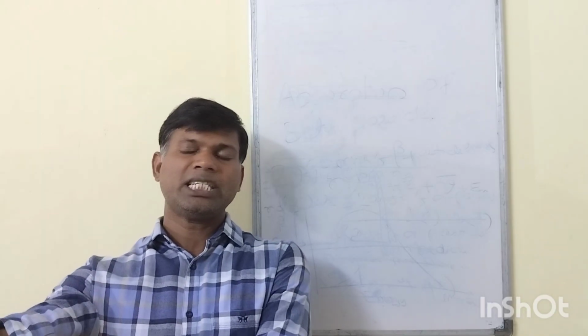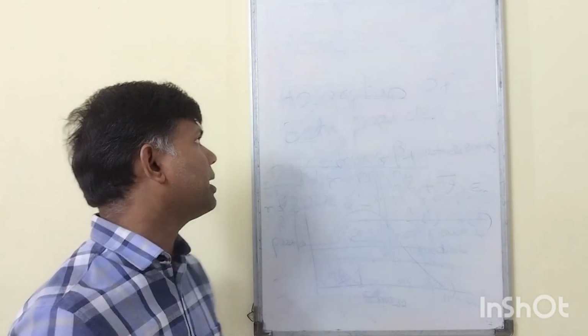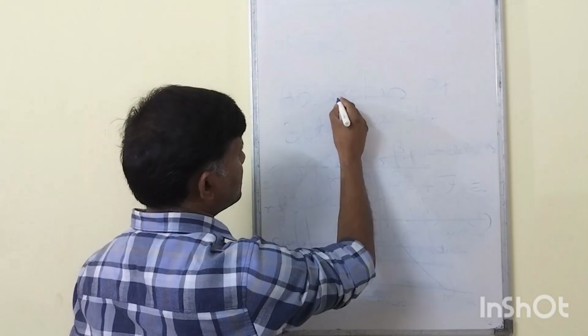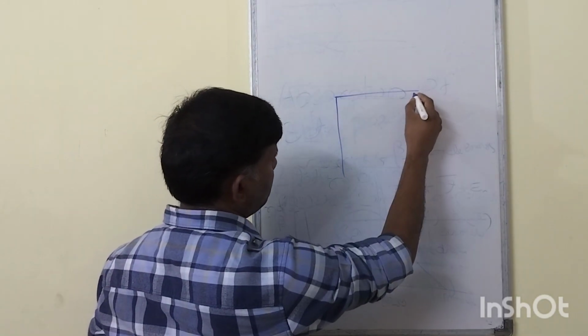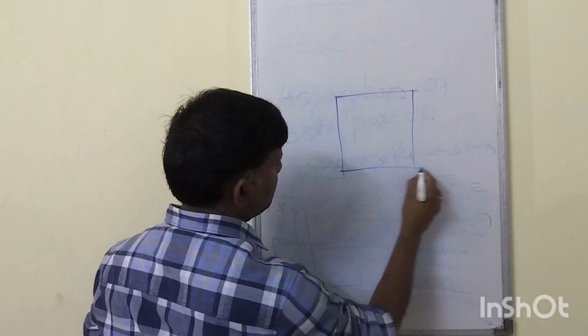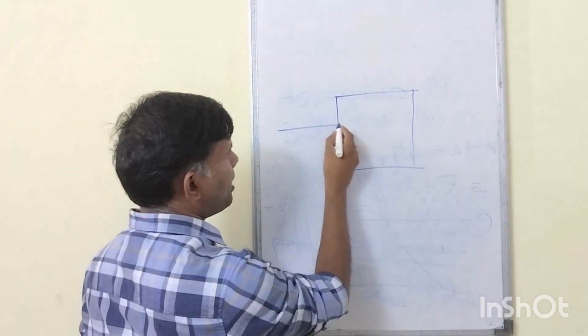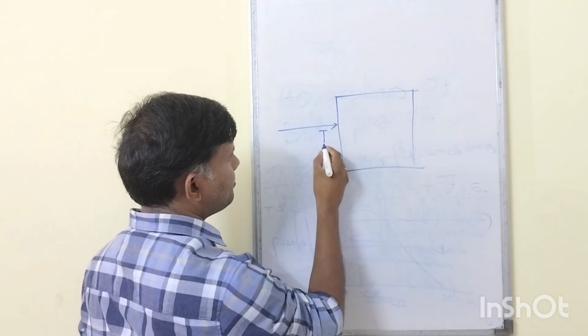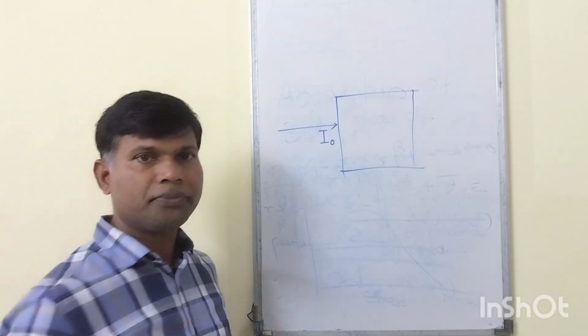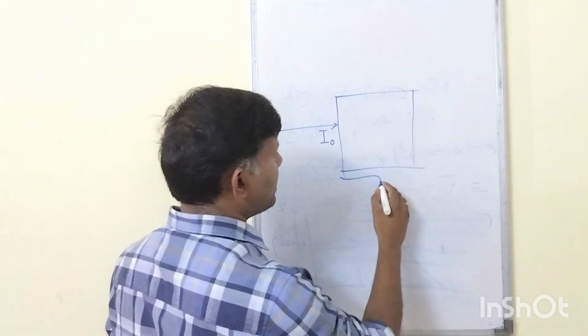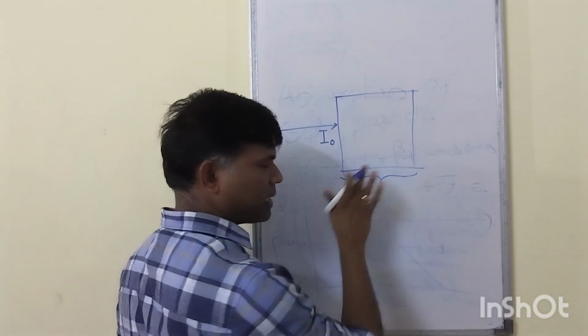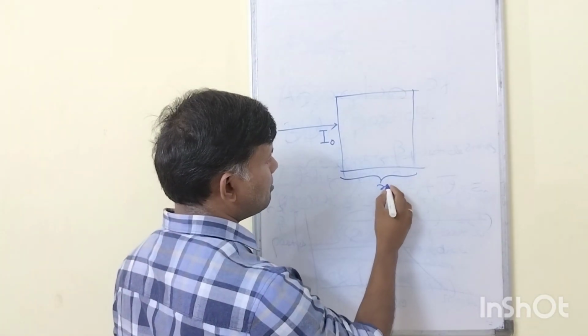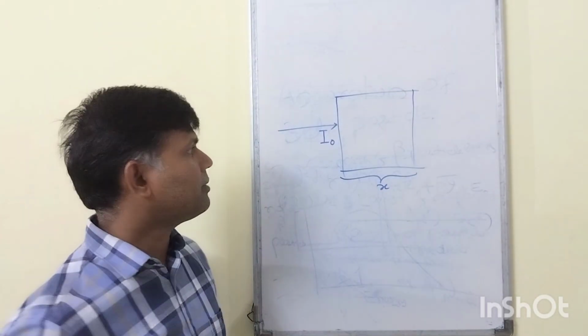I told you the initial intensity when it is entering the medium. Take this as a medium. Here the gamma ray is entering with initial intensity I0. It is traveling a distance. This is the thickness, let me call it x.